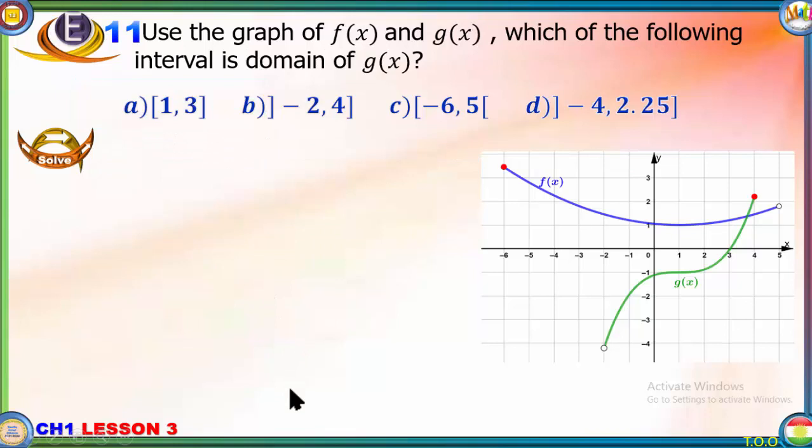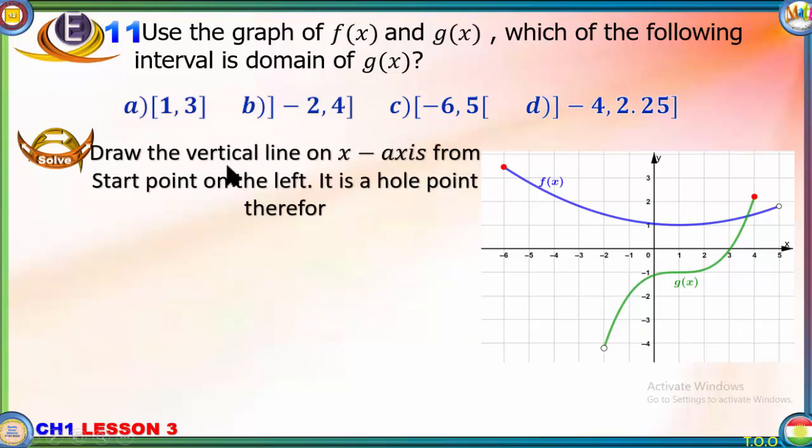Question number 11. Use the graph of f(x) and g(x). Which of the following intervals is the domain of g(x)? First of all, draw a vertical line to the x-axis from the start point on the left. It is a hollow point, therefore x is not equal to minus 2.